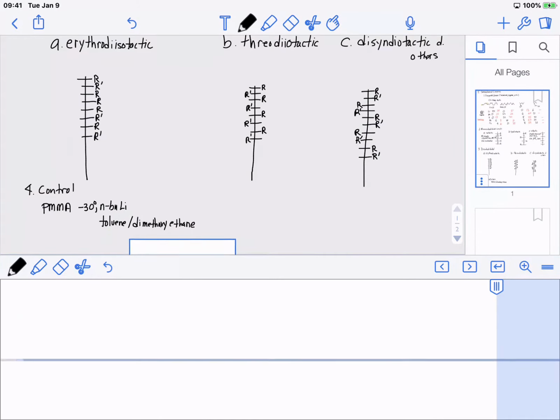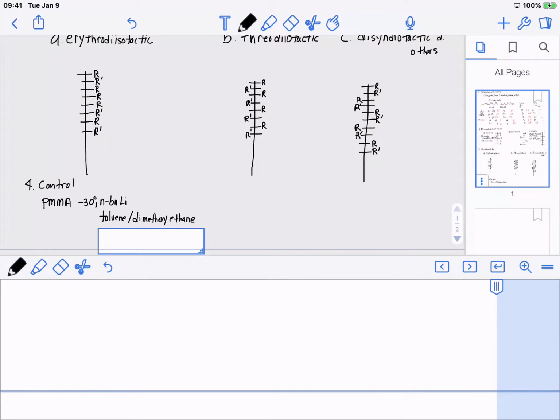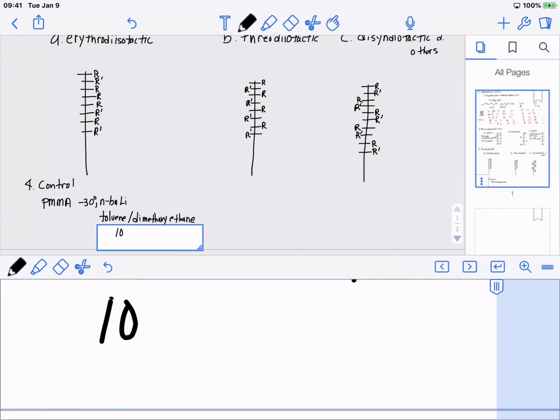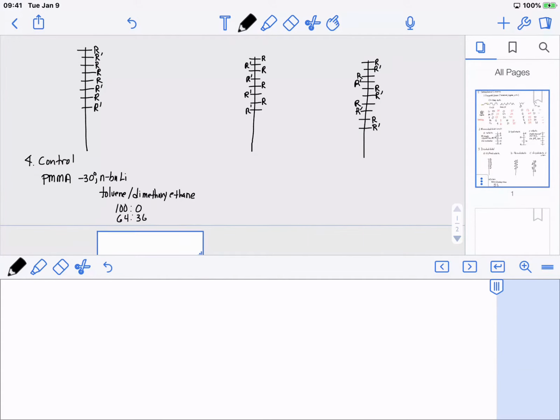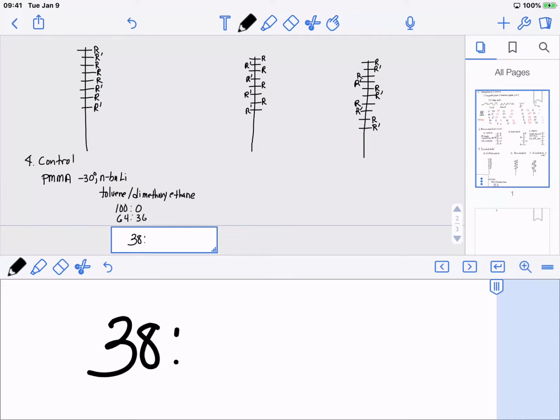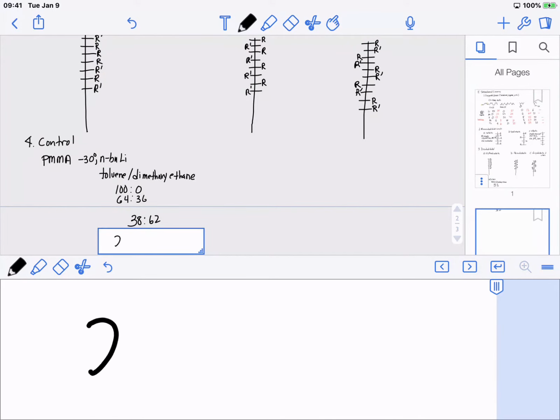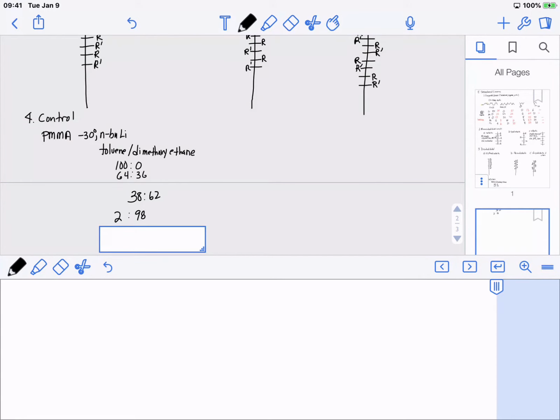All right, so, oops, running out of page here. We're going to look at 100 to 0, 64 to 36, 38 to 62, 2 to 98, and 0 to 100. So pure toluene to pure dimethoxyethane.